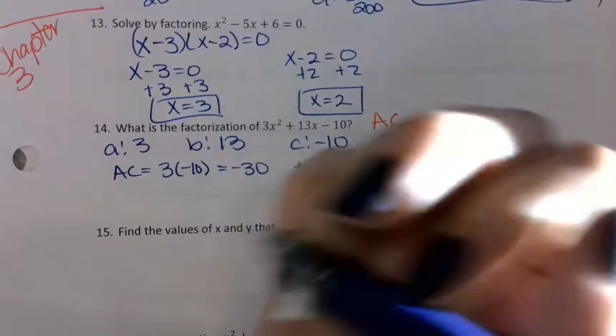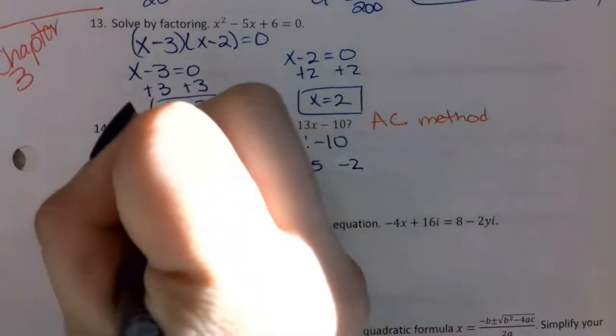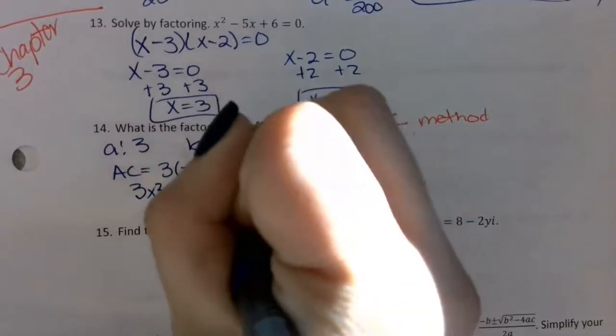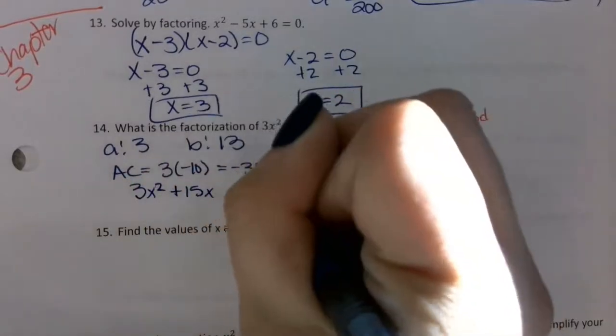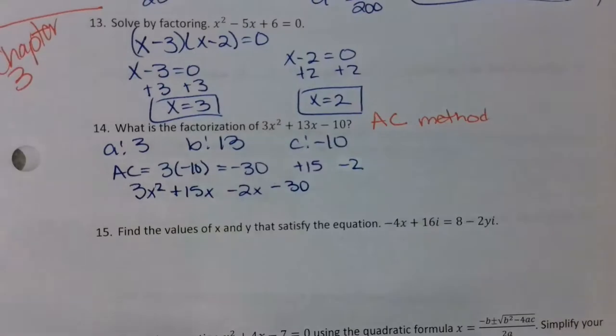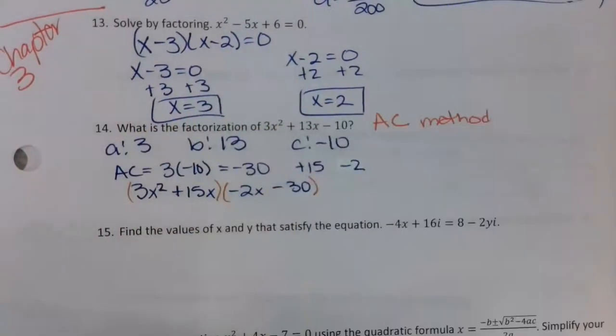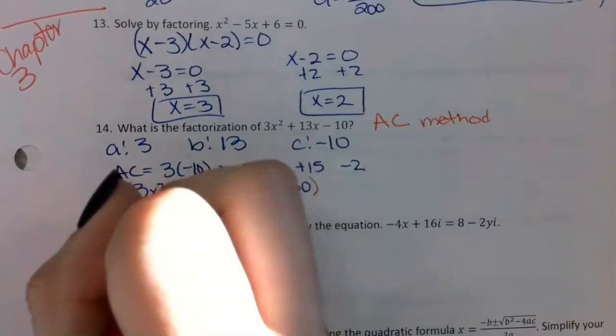So then I rewrite this. I don't think I gave us enough space. I have 3x. I'm going to have plus 15x minus 2x minus 10. Then from here I split into groups. My first group has 3x in common.